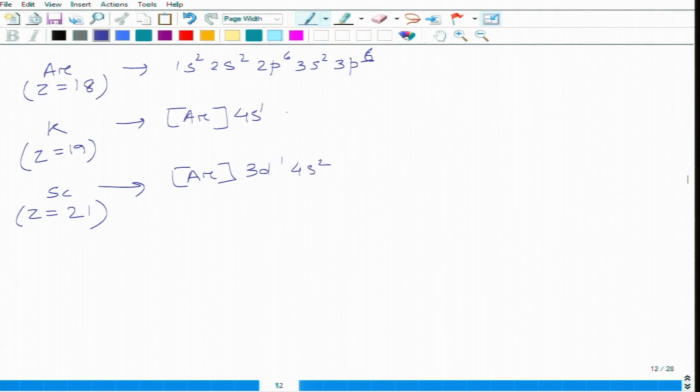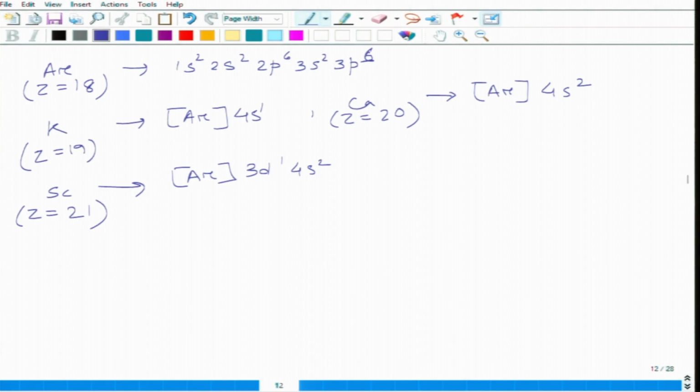We had discussed that the energy of 3d is higher than the energy of 4s. That's why the s orbital, that is 4s, will be filled first, and after that 3d will be filled. So calcium with atomic number 20 has this configuration, and scandium is written like this.